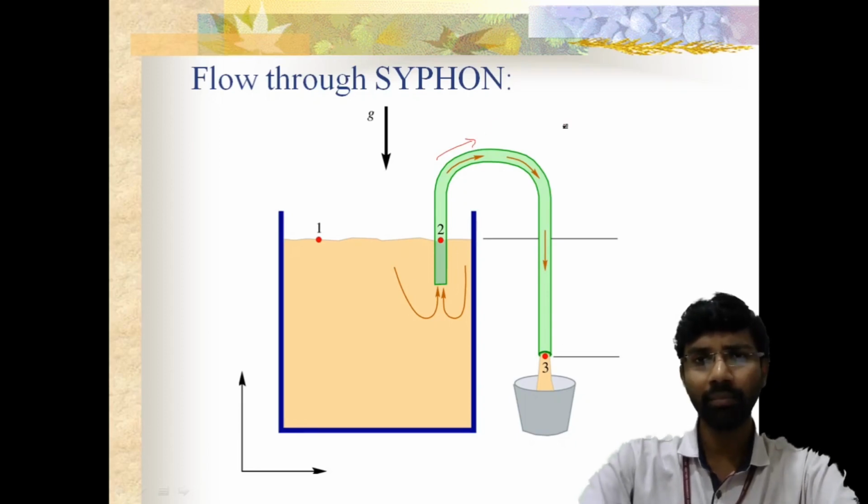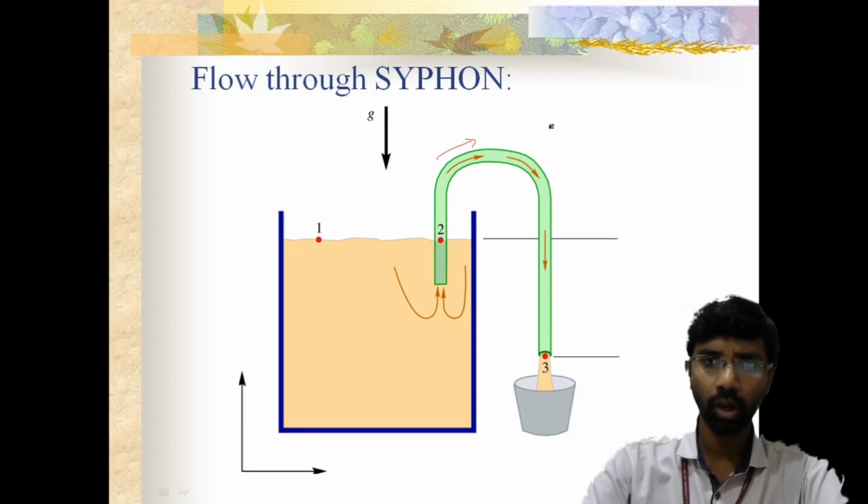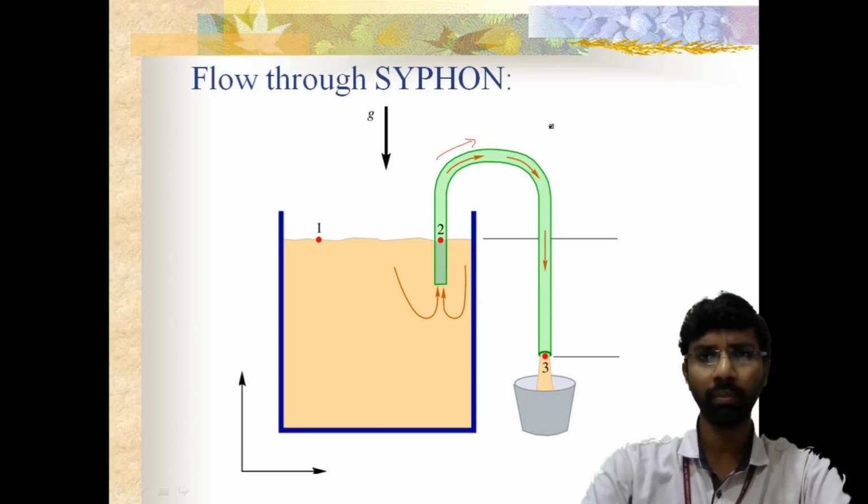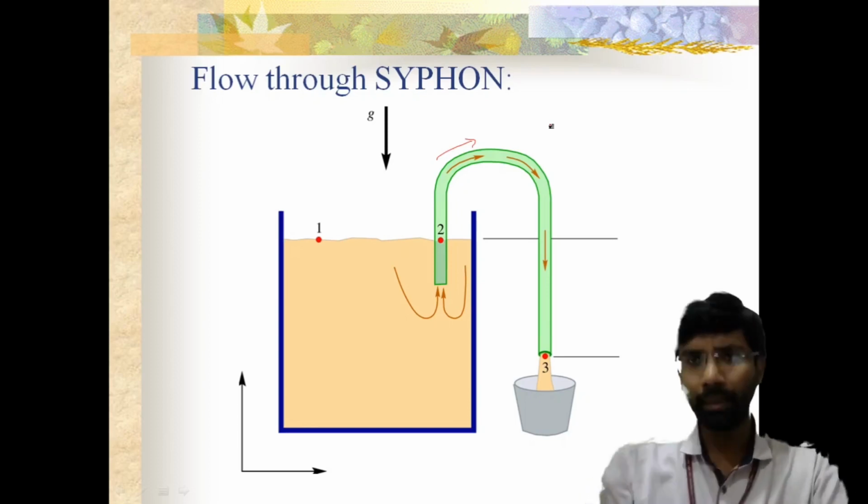See, for example, you may have seen this type of thing. If you want to remove fuel from the fuel tank of your car, or from a tank of a generator or something, it may not be possible for you to turn the car upside down to get the fuel out.